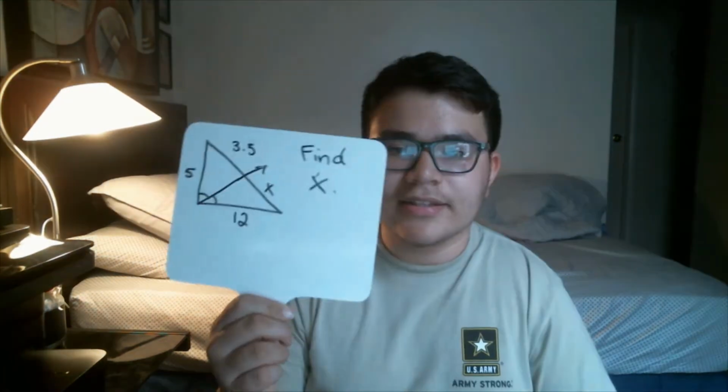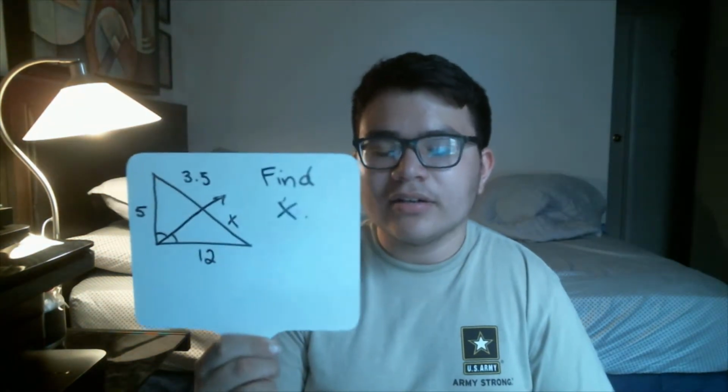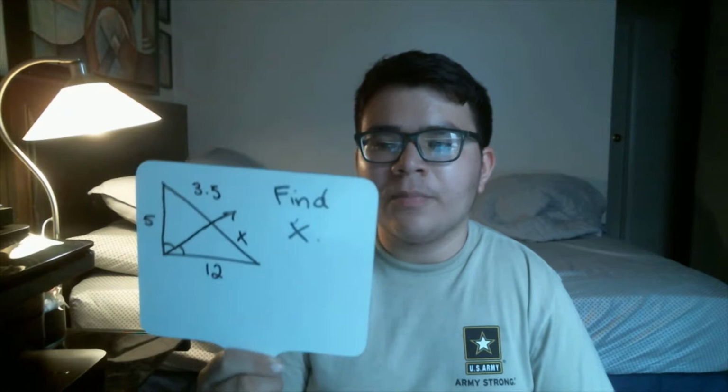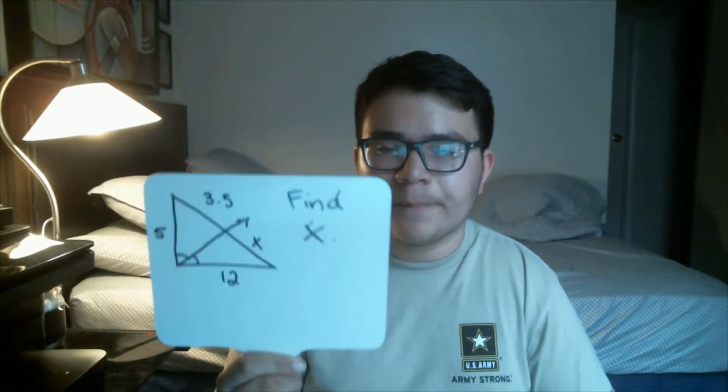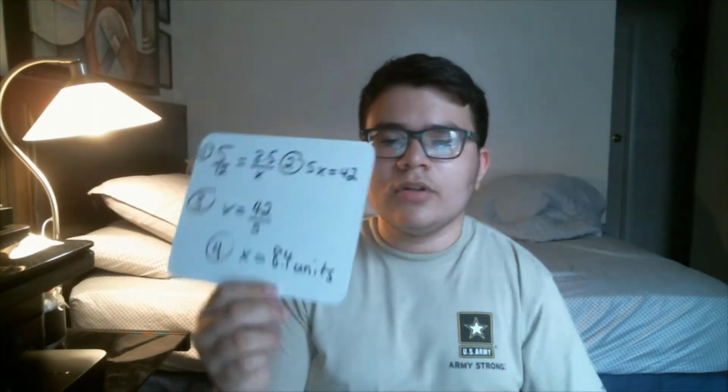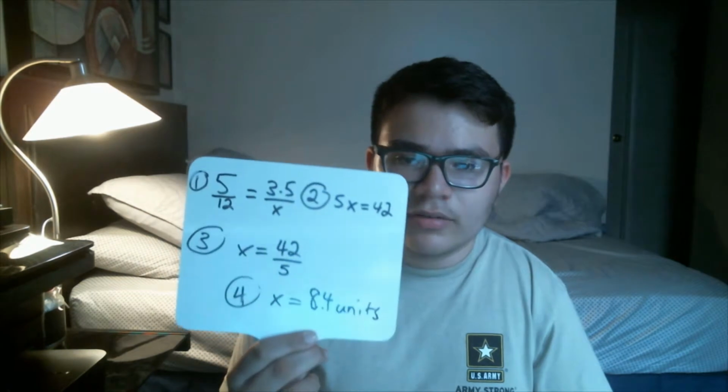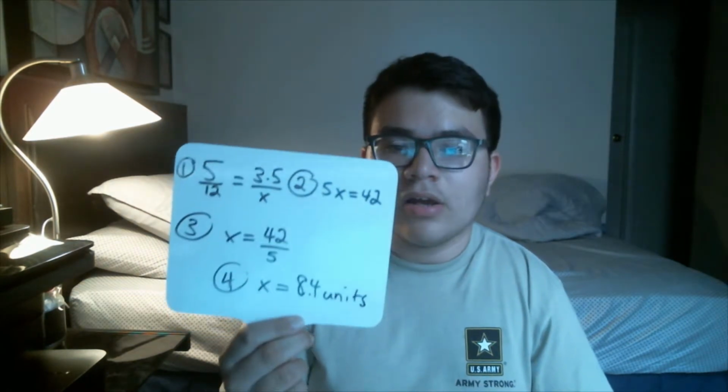So the first example that I'm going to give is for the triangle angle bisector theorem, and it looks like this. What we have to find here is x, and we can find x by using the proportions from the theorem, the formula, and it looks like this. The proportions are 5 over 12 equals 3.5 over x.